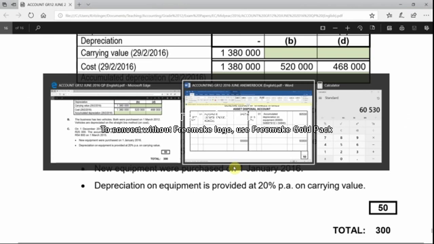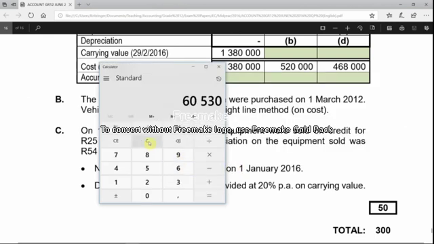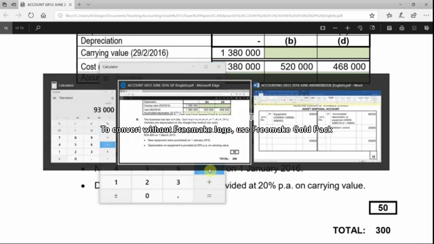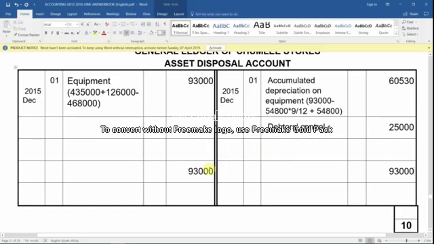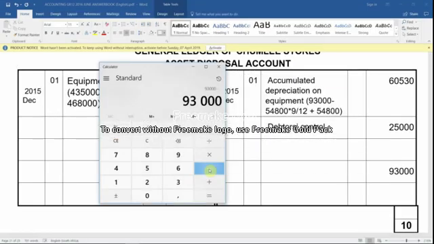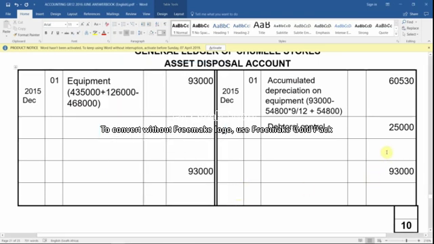So 93,000 minus 85,530 is 7,470. That is what we still need.